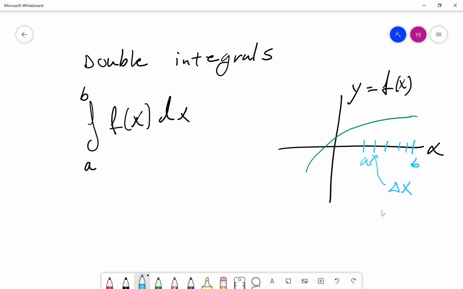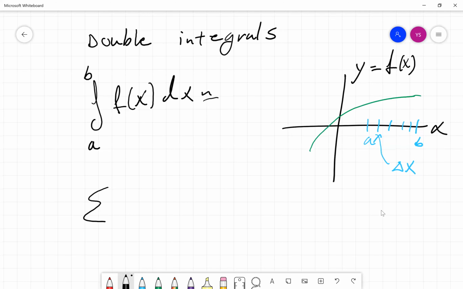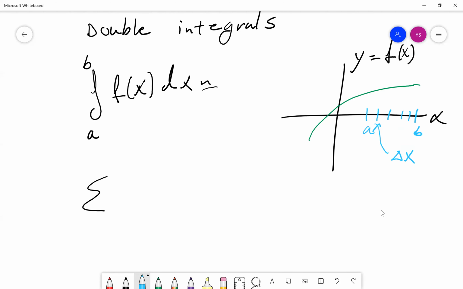Then this integral is approximately the sum. Let's call each one of these xi. So the sum from i equals 1 to n, a certain amount of these xi's, of f at some point, let's call it xi, some point in this interval.